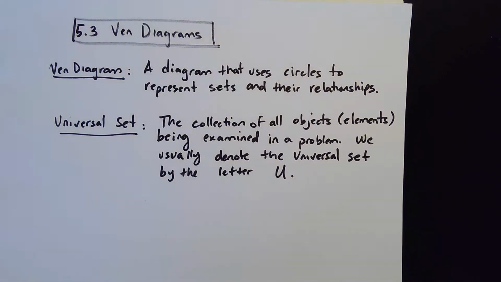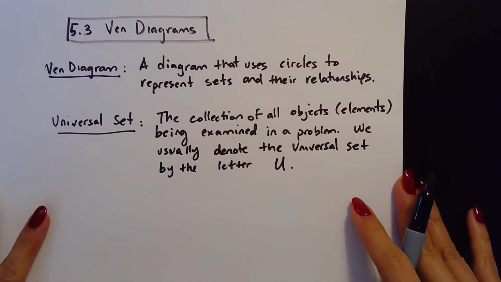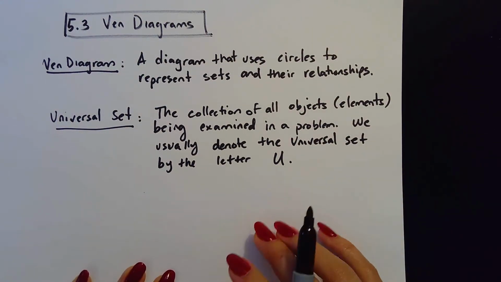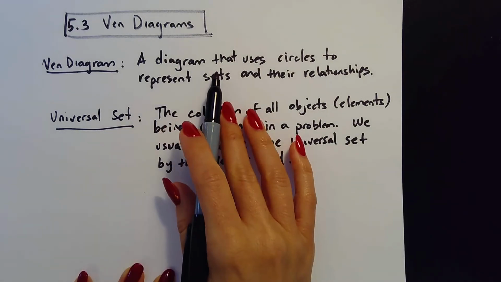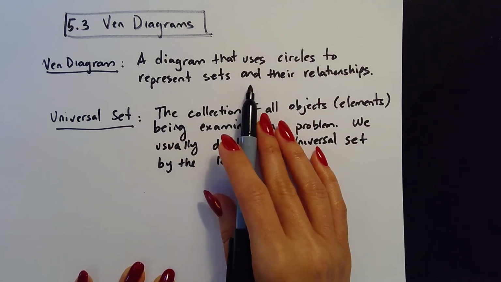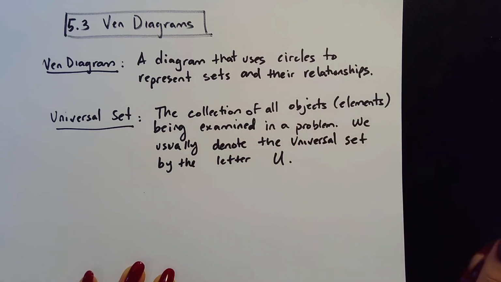We are back to chapter 5 and we're going to start today. We're going to do section 5.3 on Venn diagrams and set operations. So I have two definitions here for you. What is a Venn diagram? A Venn diagram is a diagram that uses circles to represent sets and their relationships.